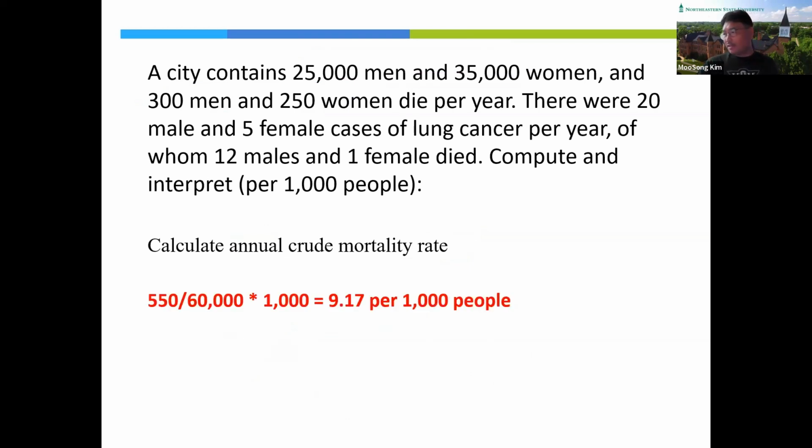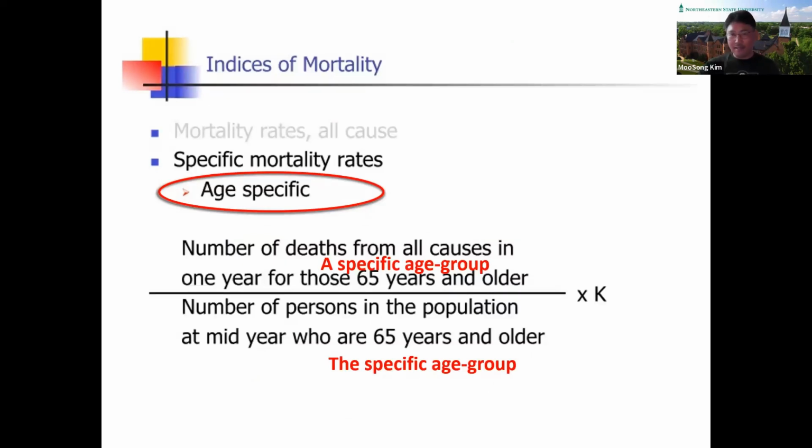The next type of mortality rate is the age-specific mortality rate. Here we narrow down to certain age groups.